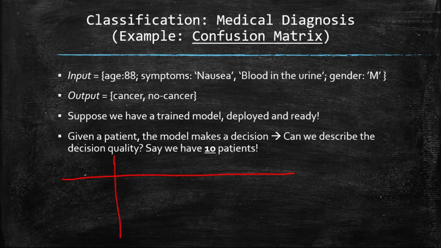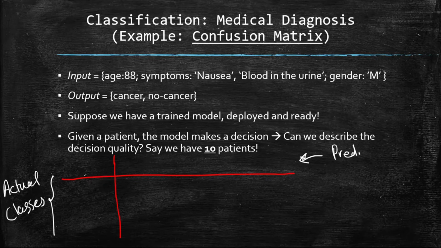So here you would have the actual classes, and over here on the horizontal axis, you would have the predicted classes, right?